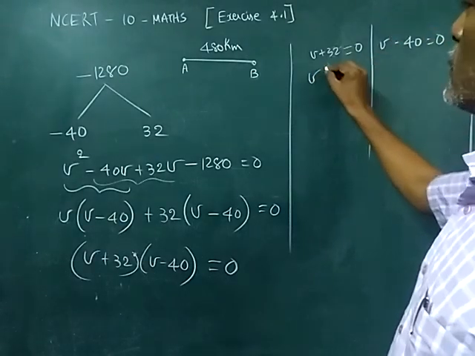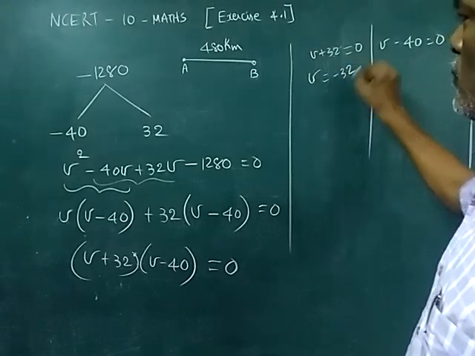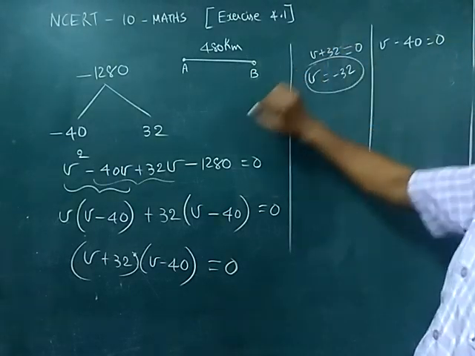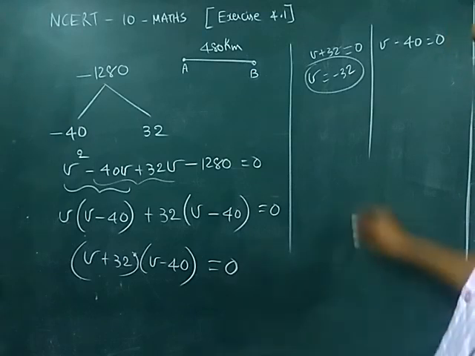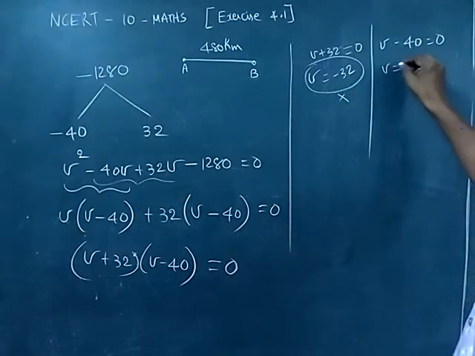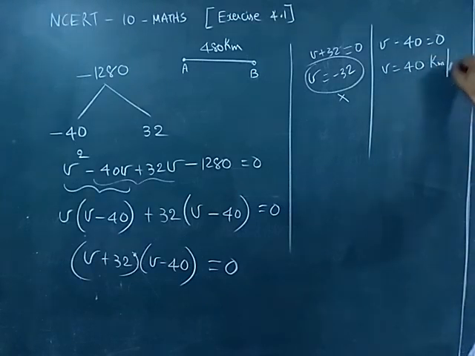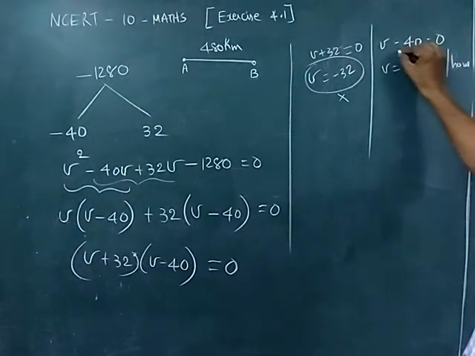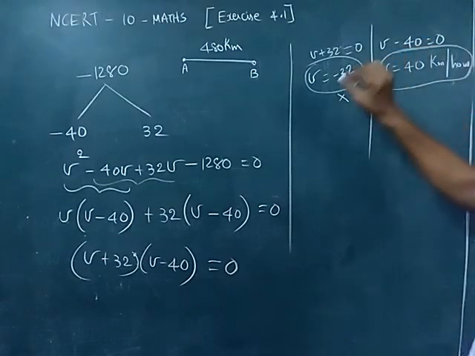Now if you take this value, V is equal to minus 32. We don't want velocity as negative, so we discard this and we take V equal to 40 kilometers per hour. So this is the speed we are going to take into account.